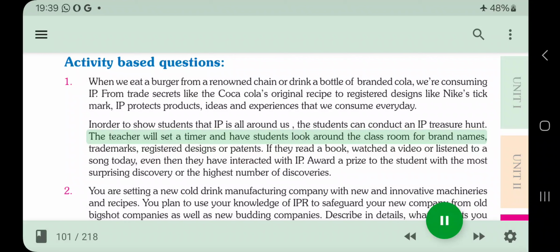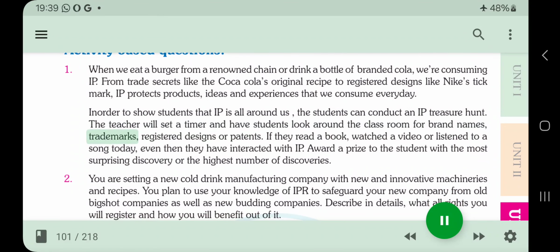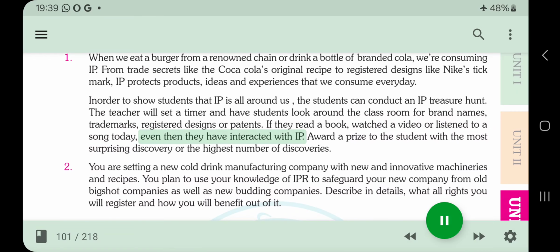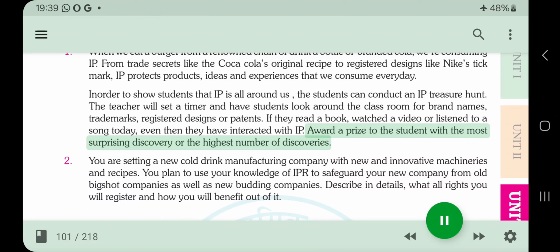The teacher will set a timer and have students look around the classroom for brand names, trademarks, registered designs or patents. If they read a book, watched a video or listened to a song today, even then they have interacted with IP. Award a prize to the student with the most surprising discovery or the highest number of discoveries.